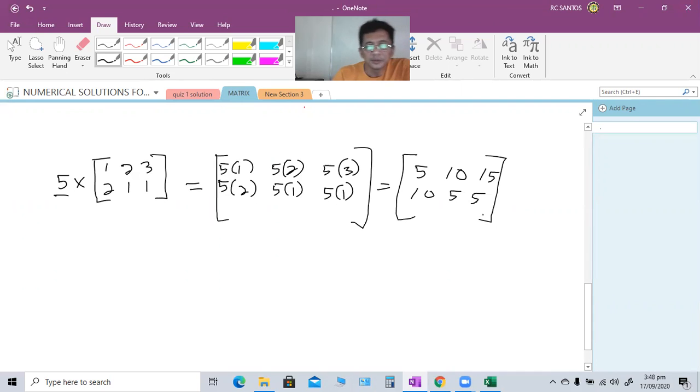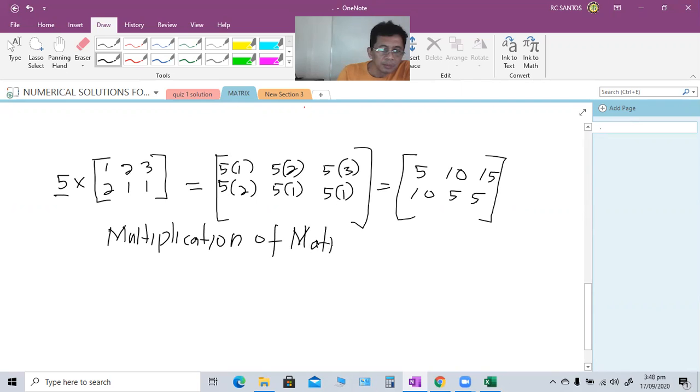Next, multiplication of matrices. Plural ng matrix.